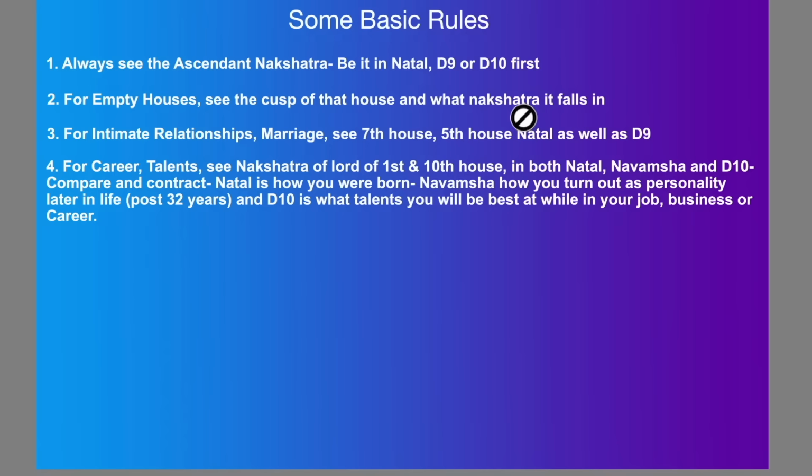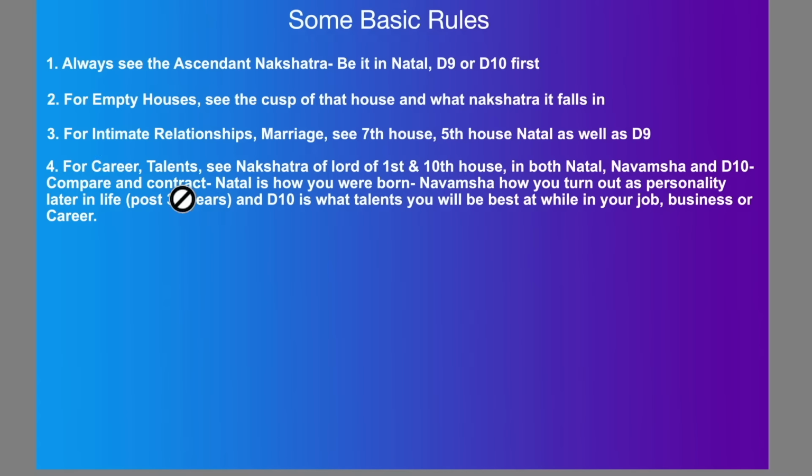Number 3, for intimate relationships, marriage, see the 7th house, 5th house, natal as well as D9, and the nakshatras thereof or the planets sitting thereof. For career talents, see the nakshatra of the Lord of the 1st and 10th house in natal, Navamsha and D10.